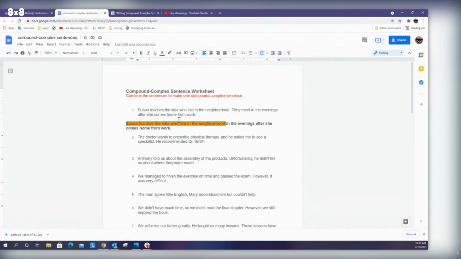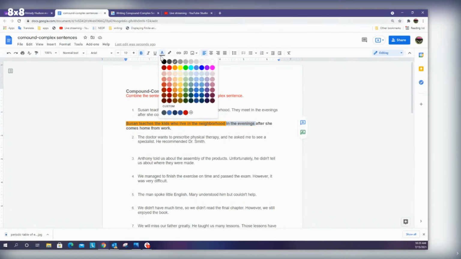That is our independent clause: Susan teaches the kids who live in the neighborhood. So in the evenings, what is this? That is dependent, because in the evenings, what? So that is our dependent clause.